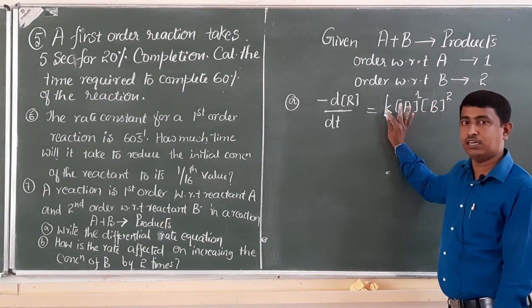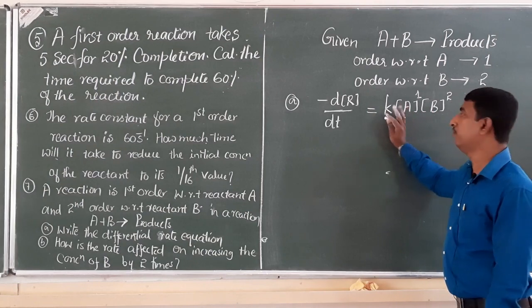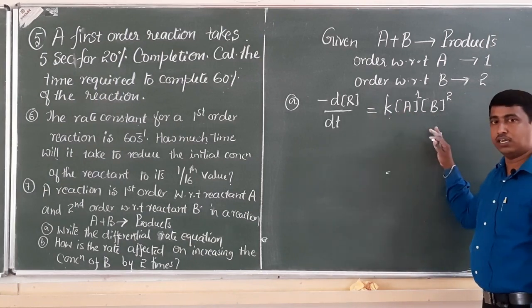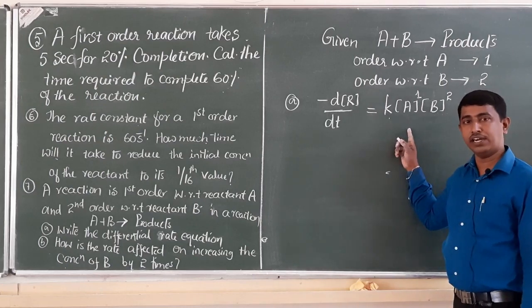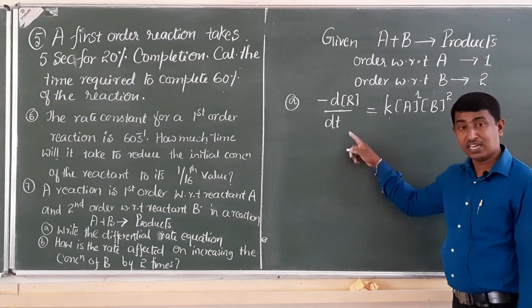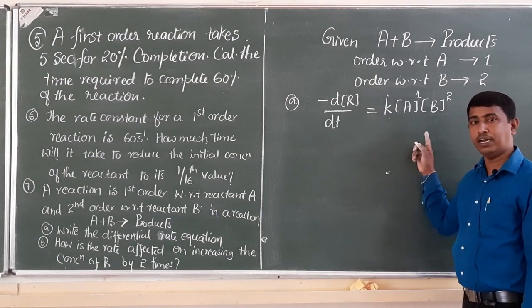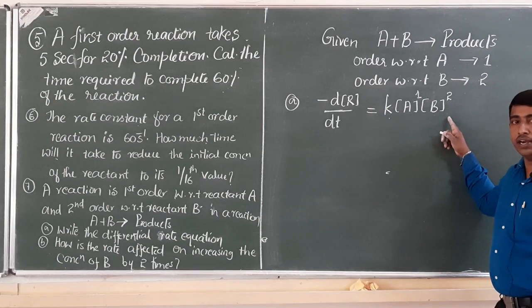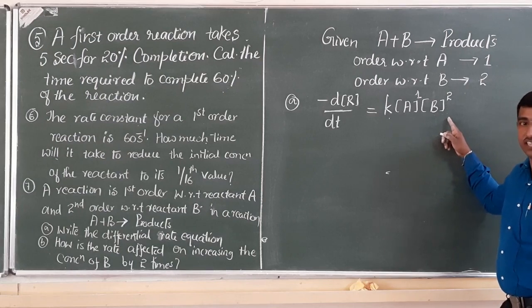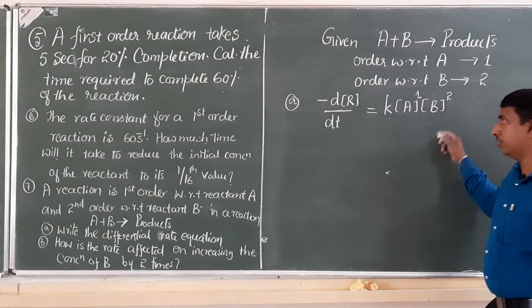There is no change in the concentration of reactant A. There is a change in the concentration of reactant B. Since there is no change in the concentration of A, the reaction rate does not depend upon the concentration of A. It depends only on the concentration of B, because there is a change in the concentration of B.